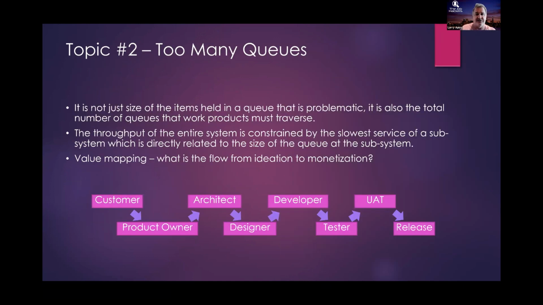So if we go back to this, notice that we have customer, product owner, architect, designer, developer, tester, UAT, release. Overall, you can consider the release and the customer external. So you have 6 different queues within your internal system that you have control over.